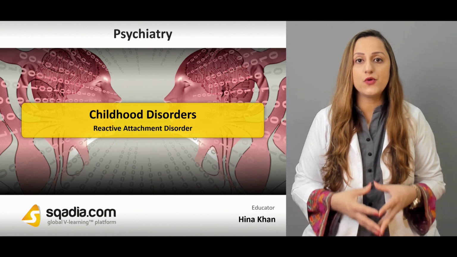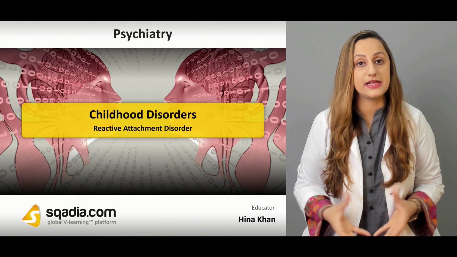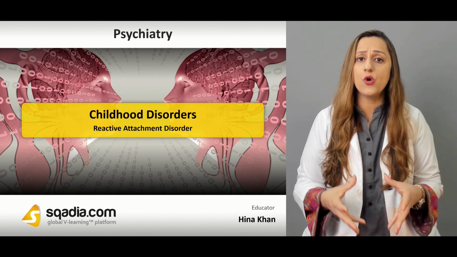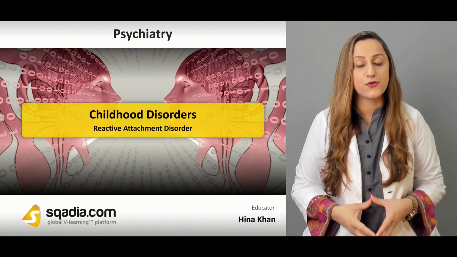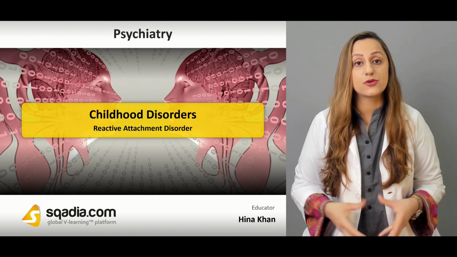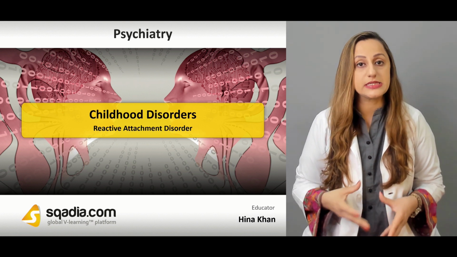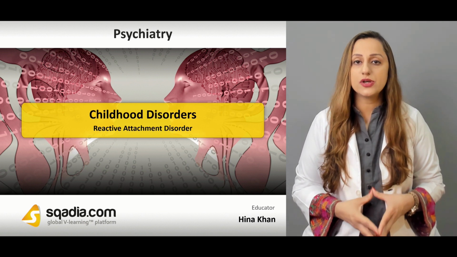It's basically a full-fledged attachment disorder that the child or the adolescent has developed, and one should know the criteria used when we diagnose someone suffering from this reactive attachment disorder. Although some adults can also suffer from reactive attachment disorder, the prognosis in adults is quite difficult and not quite good.